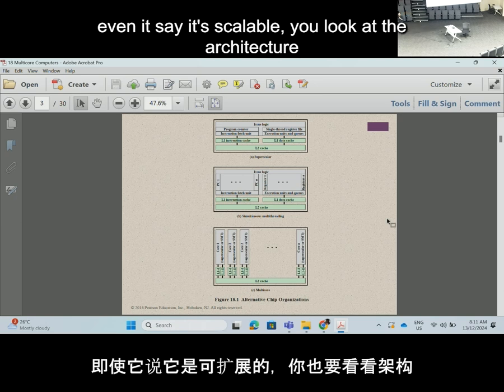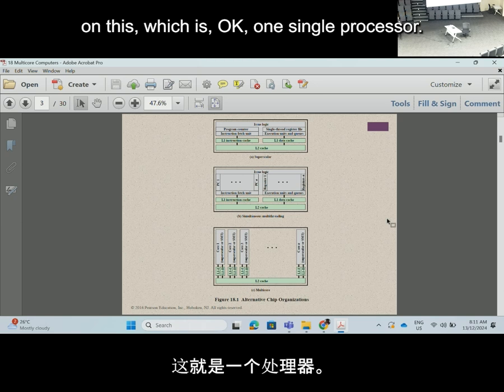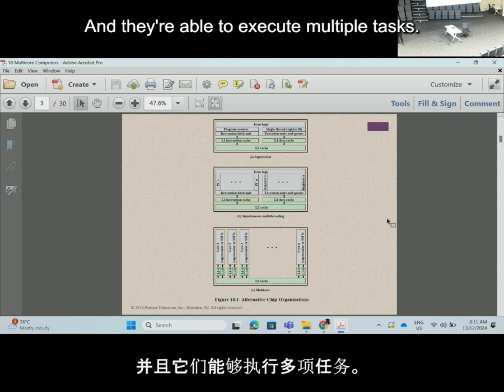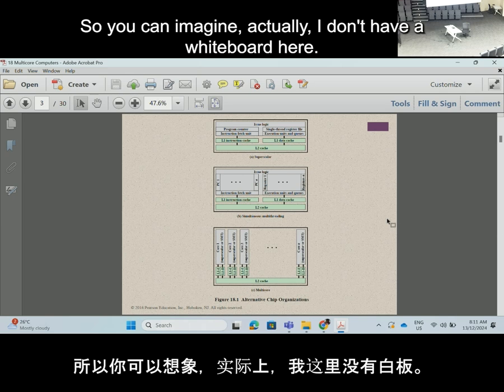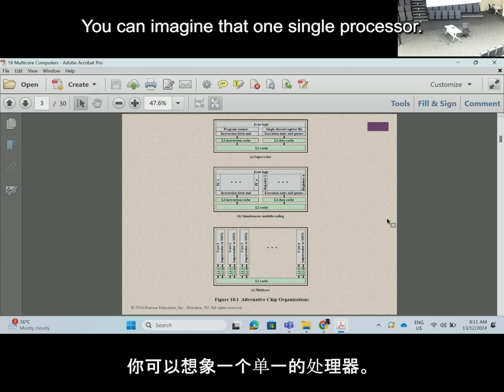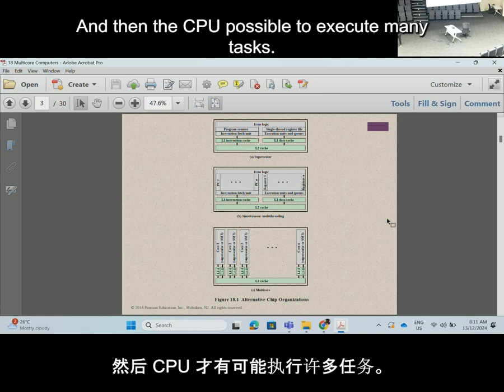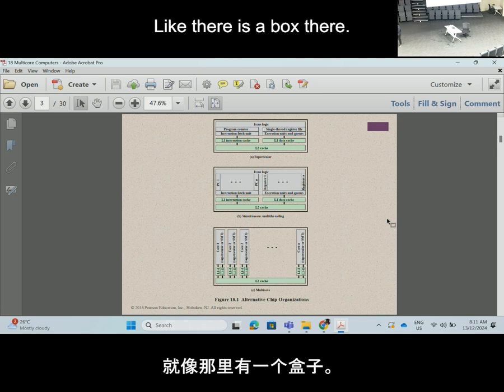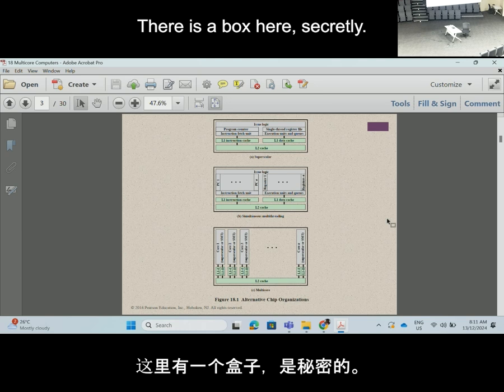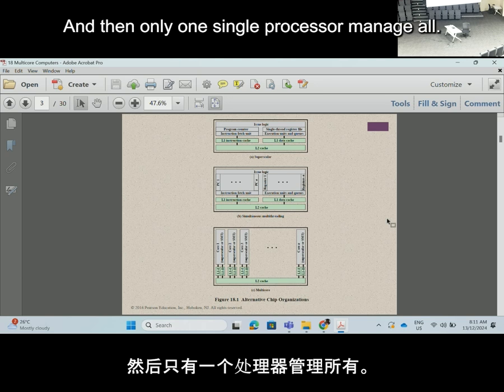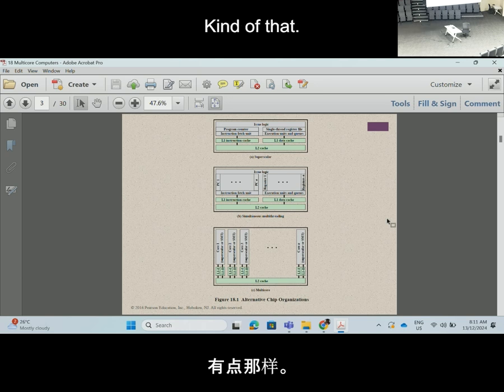What do they do in this single processor superscalar? Even though it says it's scalable, you look at the architecture: one single processor, and it's able to execute multiple tasks. You can imagine, I don't have a whiteboard here, one single processor with the CPU, and the CPU is able to execute many tasks, like a box here, a box there, sequentially, and only one single processor manages all of that.